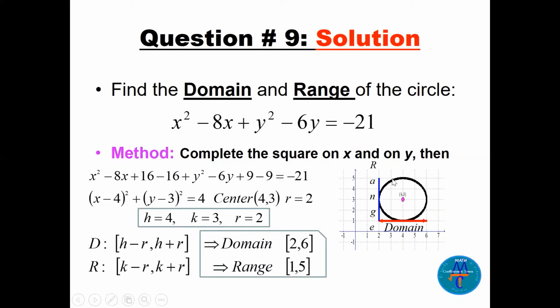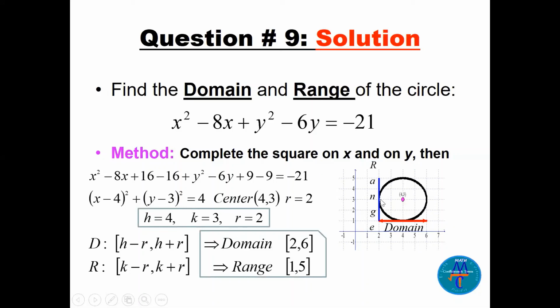So that's the circle. Now the question: find the domain, the values of the x. If you project the whole circle onto the x-axis, you see it will cover from 2 to 6. That's the domain. If you project the whole circle onto the y-axis, it covers from 1 to 5. So that's the range. Or you can go to the center (4, 3).